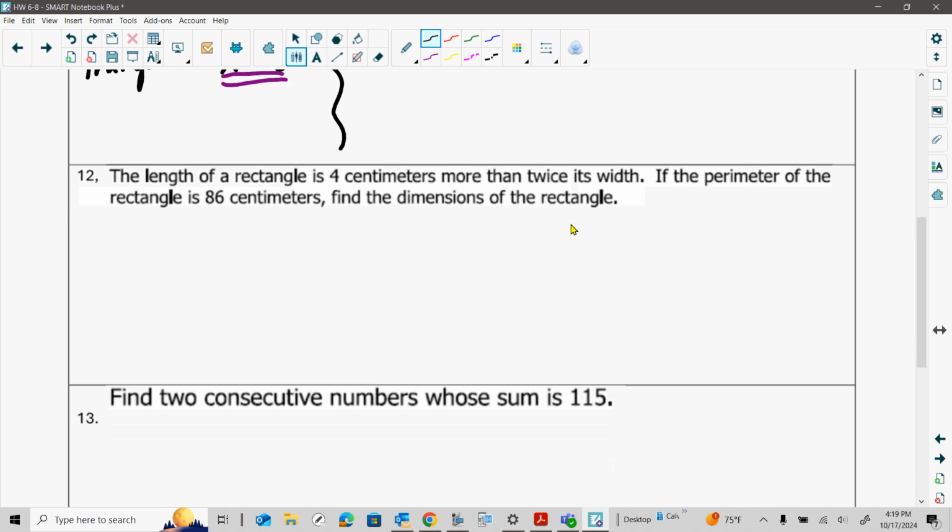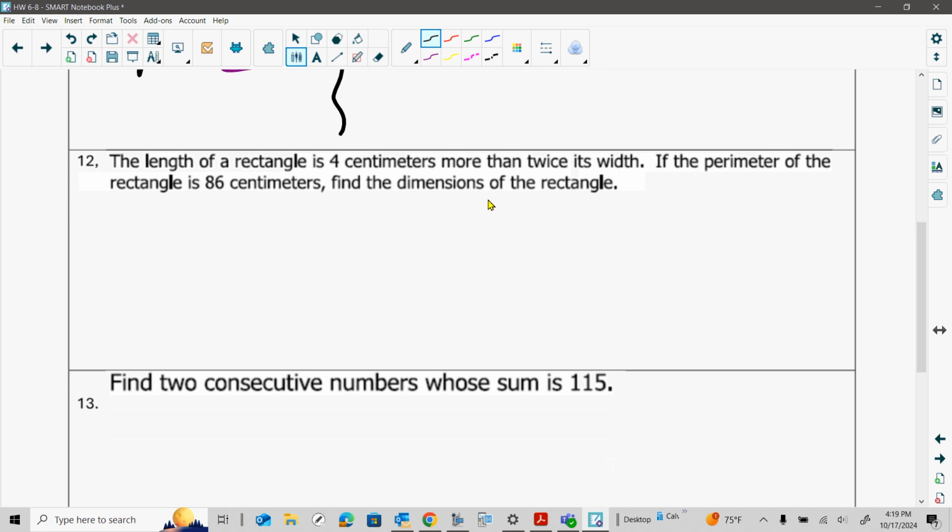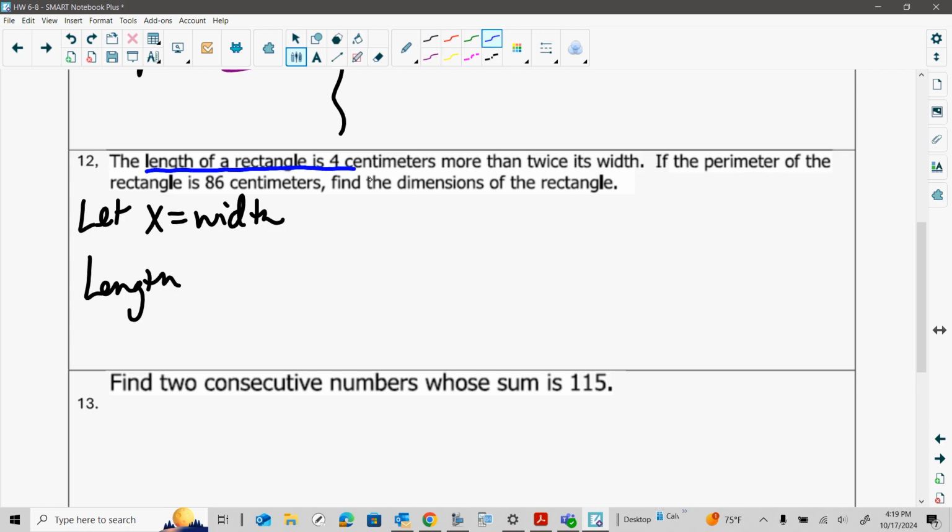12 is now when we get into perimeter, okay? And our let statements for perimeter problems was let x be the width, and then your length would apply to the first sentence. Right here it says 4 centimeters more than twice the width. Twice the width would be 2x, 4 more would be 2x plus 4. And then here you have to use the formula for perimeter.